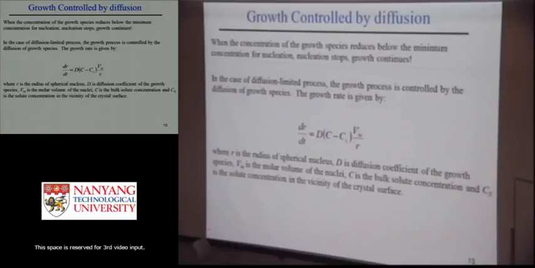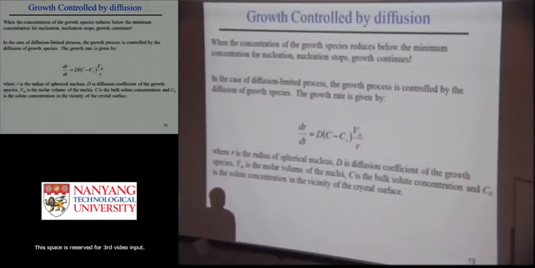The left-hand side is dr/dt. That tells you that if I have a nuclei, it will start to grow into a relatively big particle along with the growth time. t is the growth time, and r refers to the radius of this nuclei. So this tells you how the nuclei grows bigger. What is the radius change along with the time?